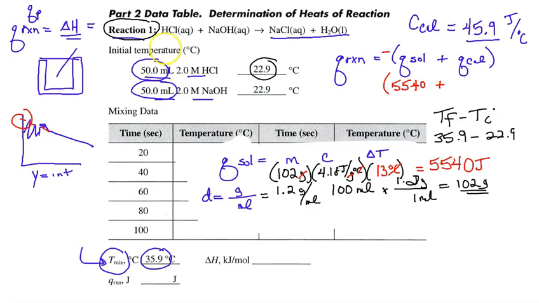And the Q of cal, that's an easy one. Okay, Q of cal, we already have the value, right? So the Q of cal is the C of cal times the temperature change. Well, the C of cal is 45.9 joules per degree Celsius, and the temperature change is still the same, 13.